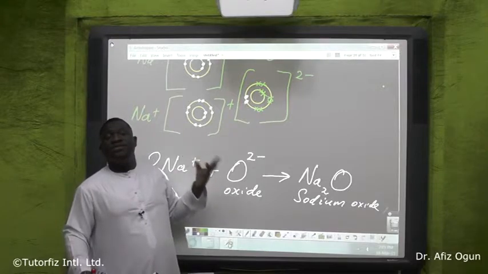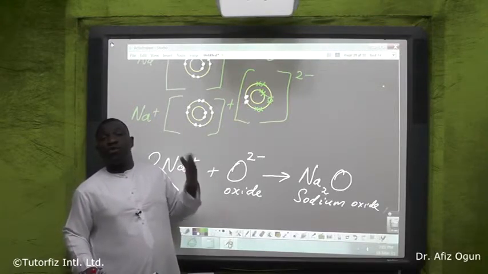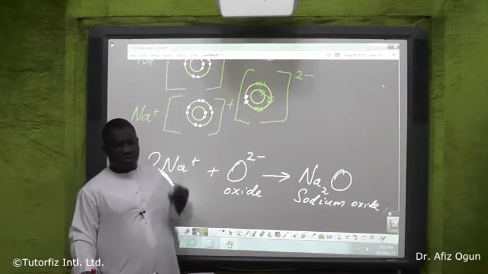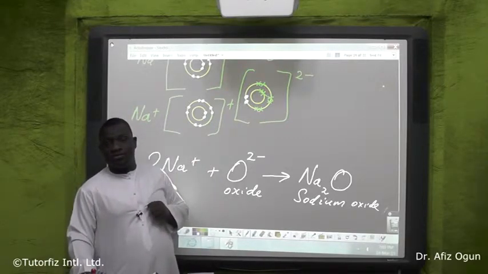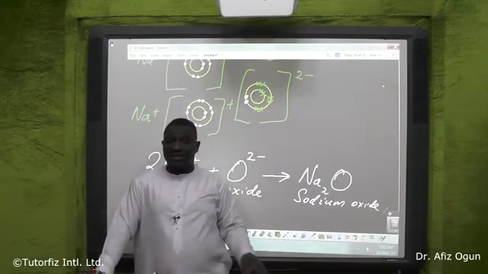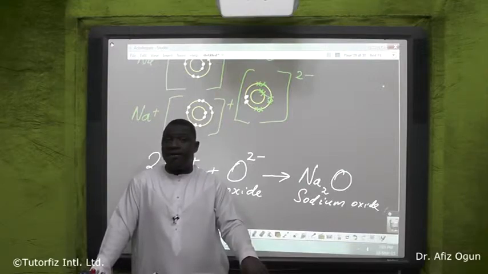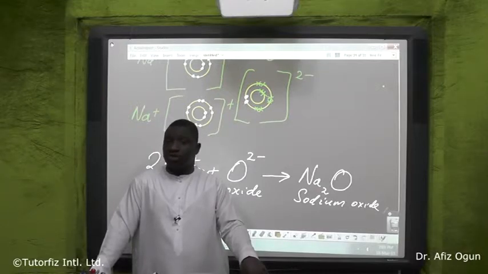These millions are arranged in what we call a giant ionic lattice, just in a small grain, in a small crystal. We shall talk about it in our next topic, structure. After bonding, we'll be talking about structure of substances.